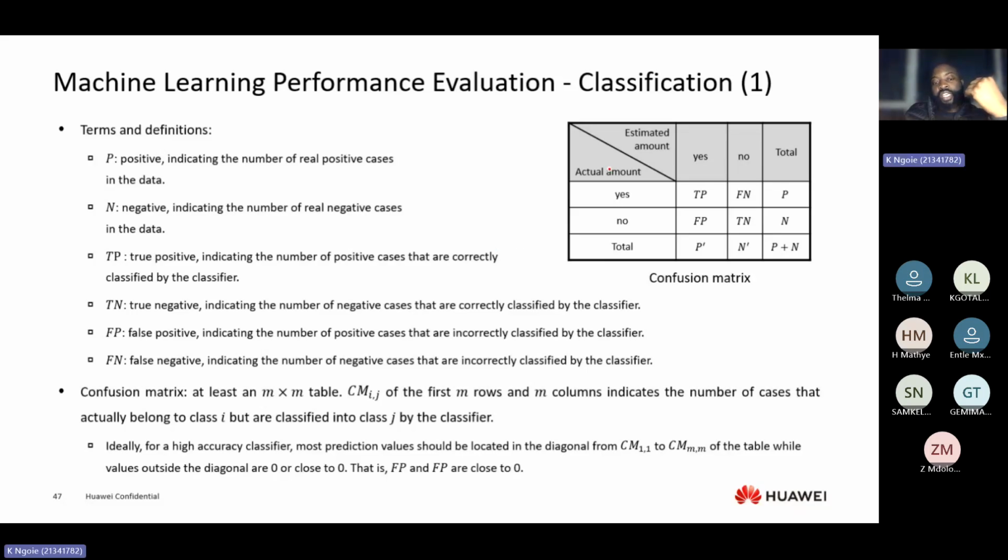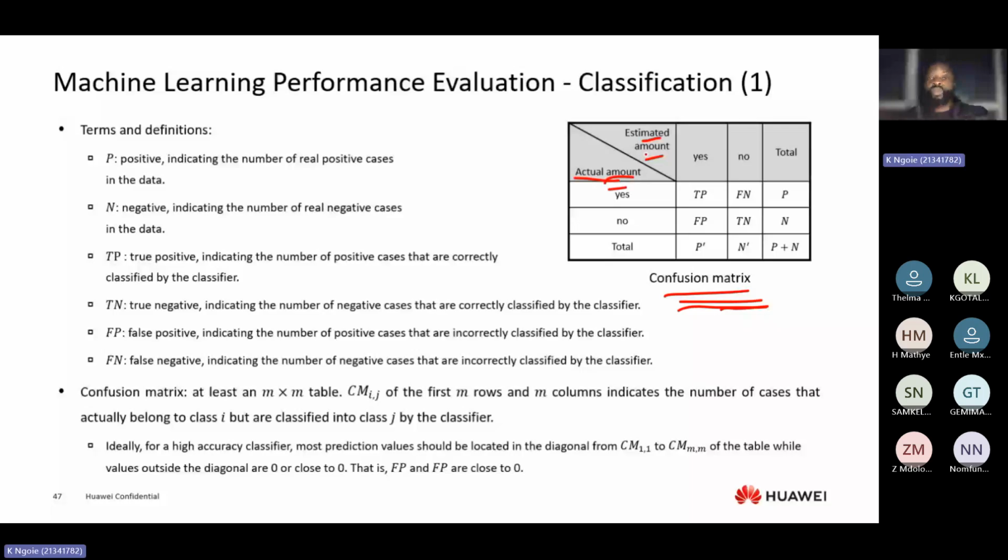When we have a classification problem, the way we will see if the model is really performing well is we do what we call a confusion matrix. A confusion matrix is something that will evaluate the performance of the model. In this confusion matrix, you have the estimated value that we wanted to get, and then we have the actual amount, which is the actual value.